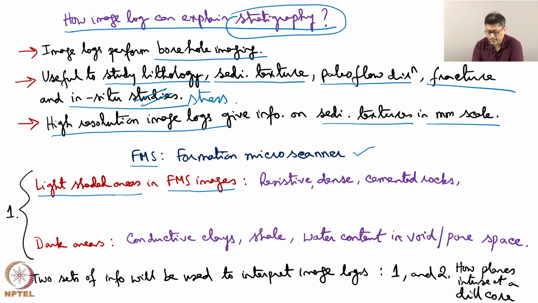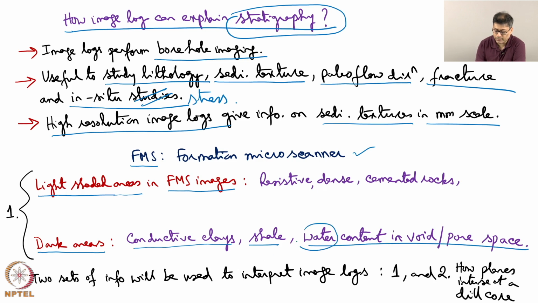It indicates resistive, dense and cemented rocks, or it can indicate organic matter or hydrocarbon occurrence. And the dark areas within the FMS images indicate conductive clays, shale and water content in void or pore spaces.